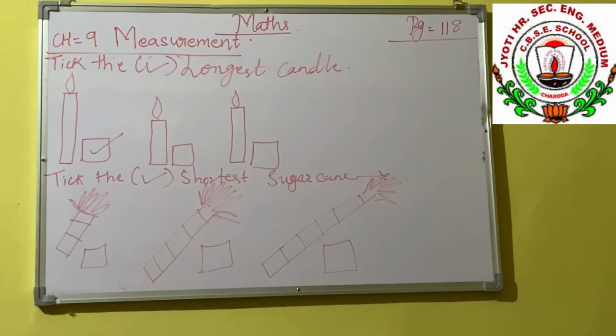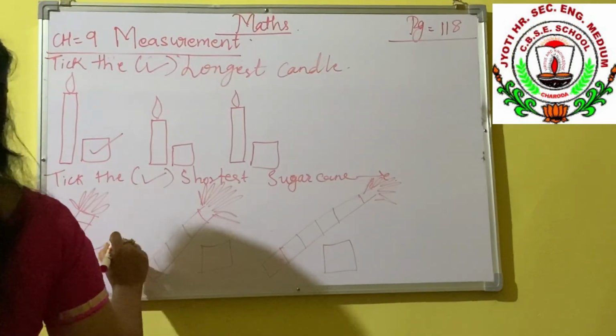We have to take the सबसे छोटा sugar cane, so the सबसे छोटा sugar cane is this.